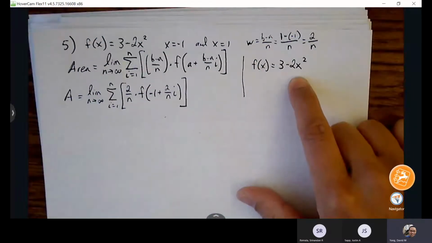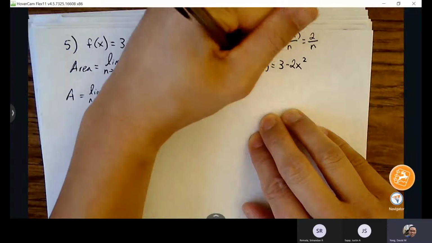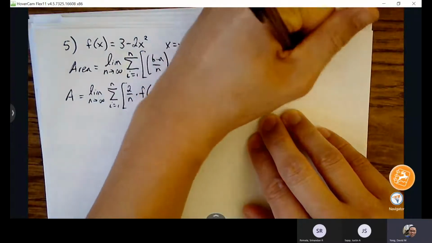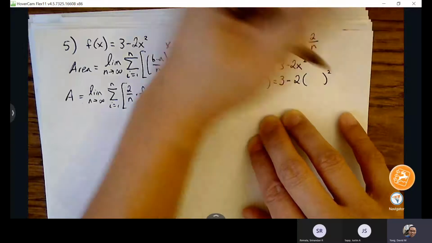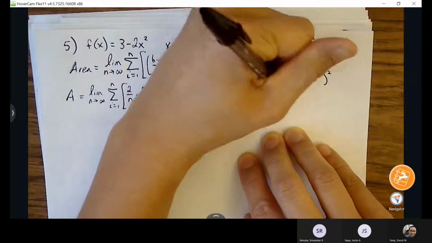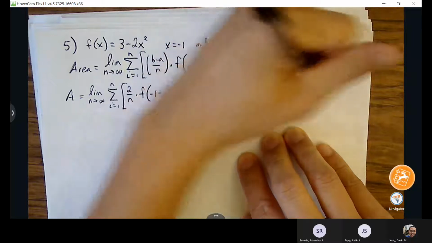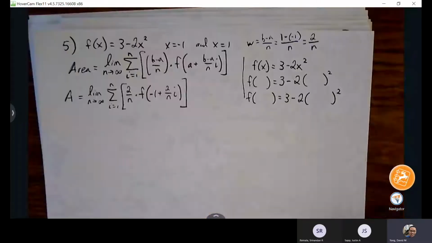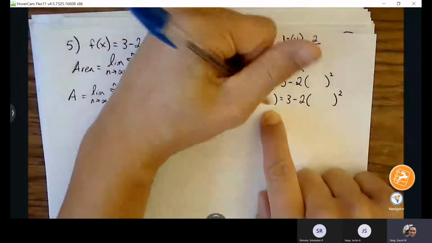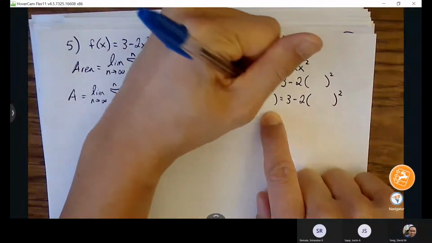Wherever I see an x, I'm going to leave an empty space because I want to reserve a spot for my argument value. So -1 plus 2 over n times i will go in that space.